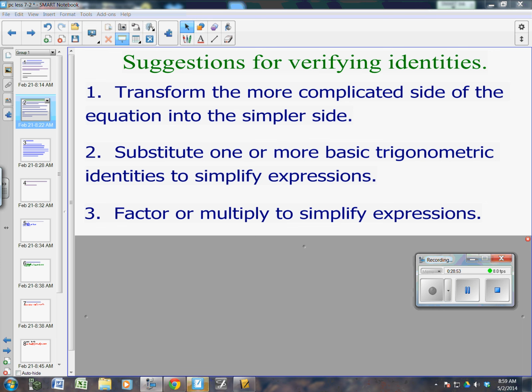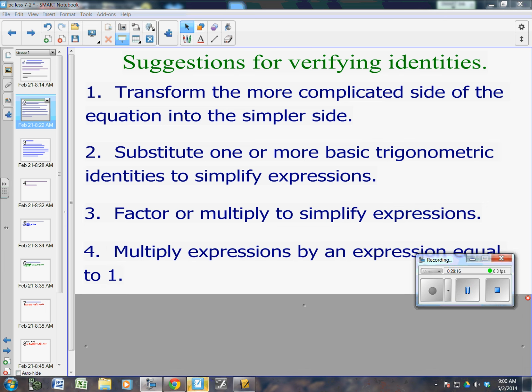Okay. Next thing: sometimes you have to factor. Sometimes you have to multiply. You just got to look to see what's going to help you out the most. You just got to look for algebraic manipulations that you can do.